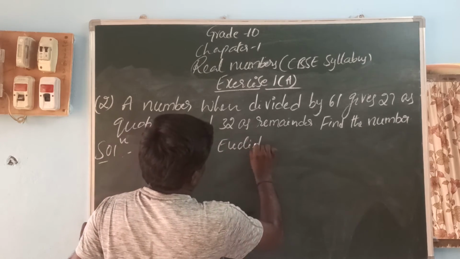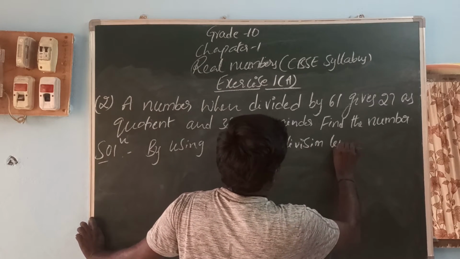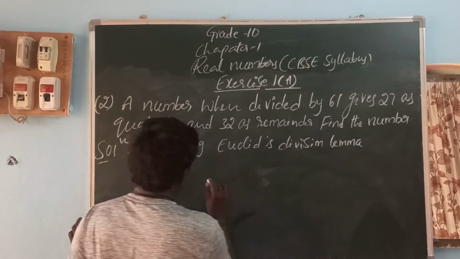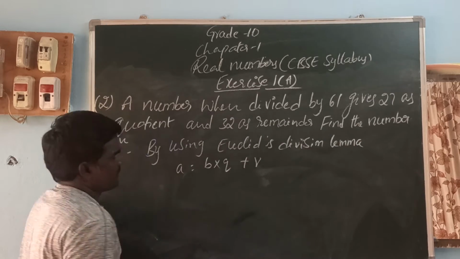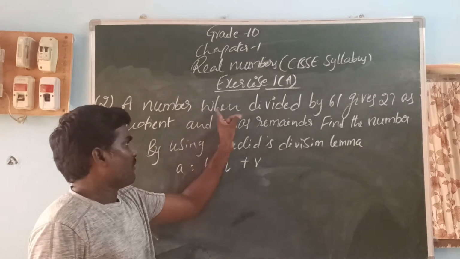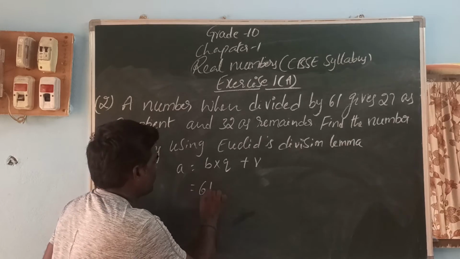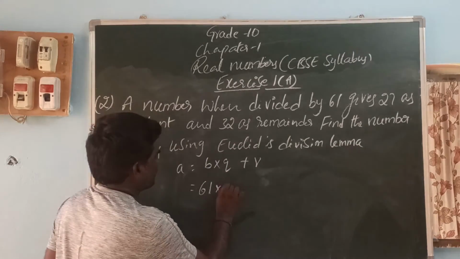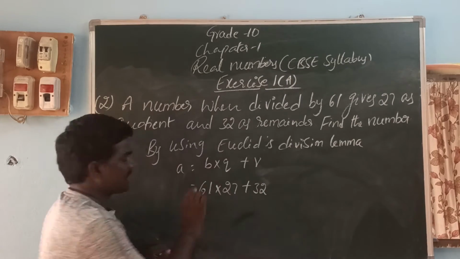So a is equal to b into q plus r. So here a number a is divided by 61, gives 27 as the quotient, and the remainder is 32. So what is the number?